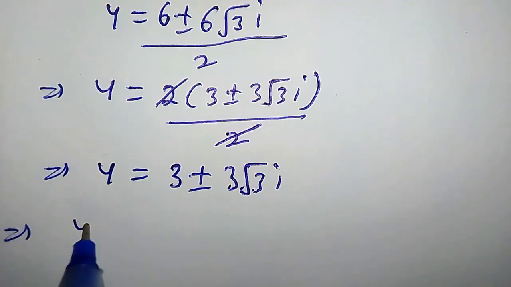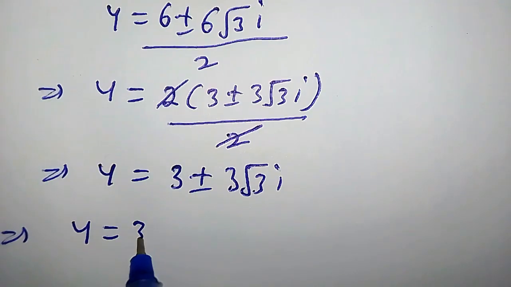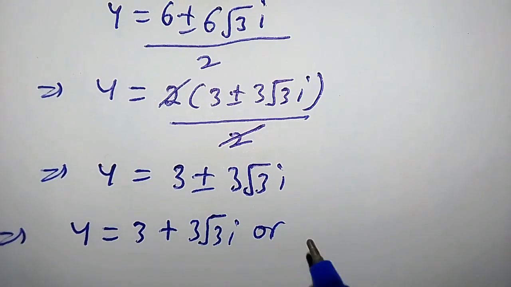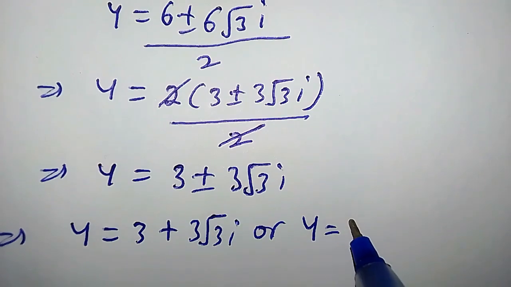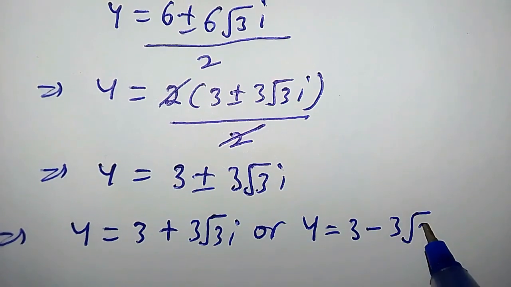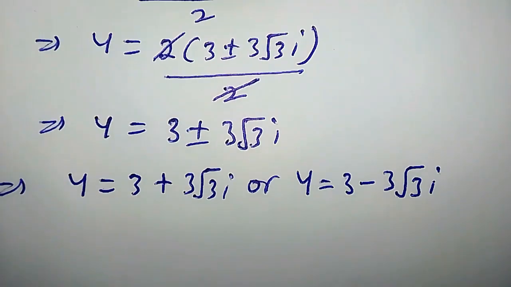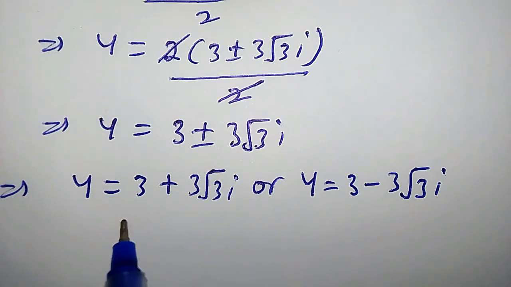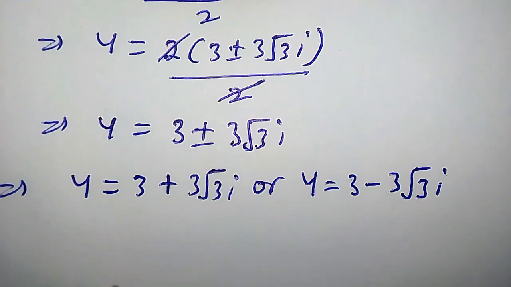This implies that y is either equal to 3 plus 3 root 3i, or y is equal to 3 minus 3 root 3i. You will see that we have two values for y. We can then use these two values to obtain the value of x.